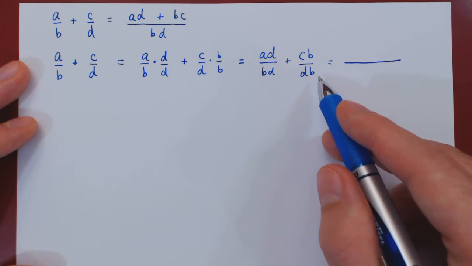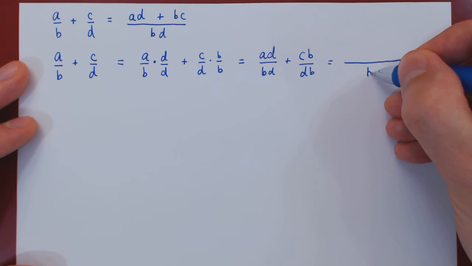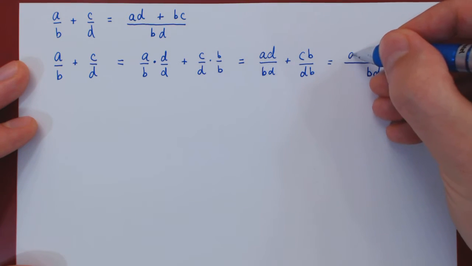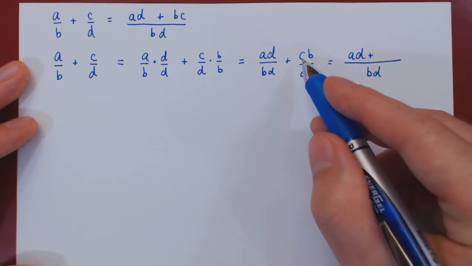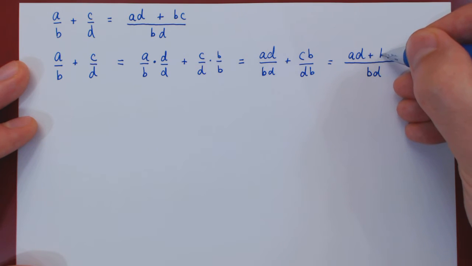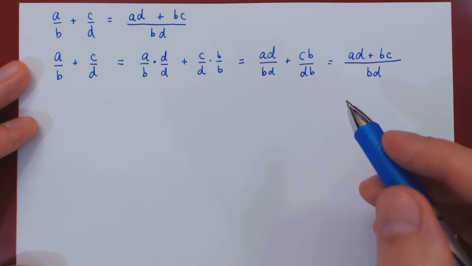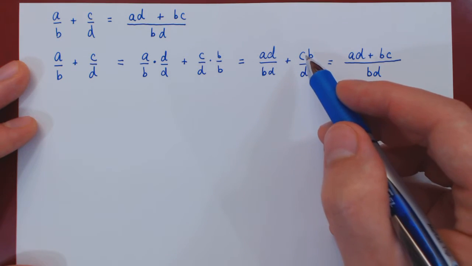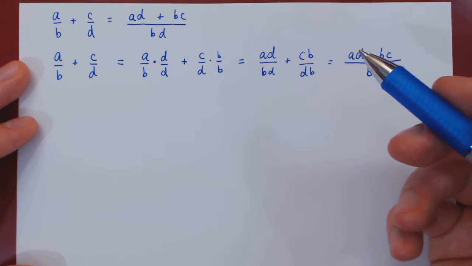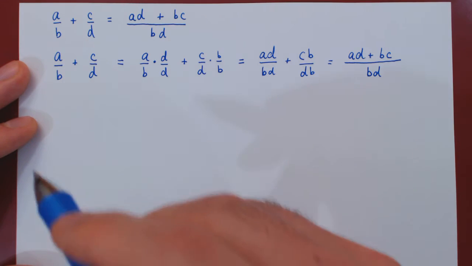So we divided up a circle into BD parts, and we're adding up the AD parts with the CB, or in this case BC parts. So you can only add two fractions together if they have the same denominator. Simply put, you can only add pieces if they are of the same size.